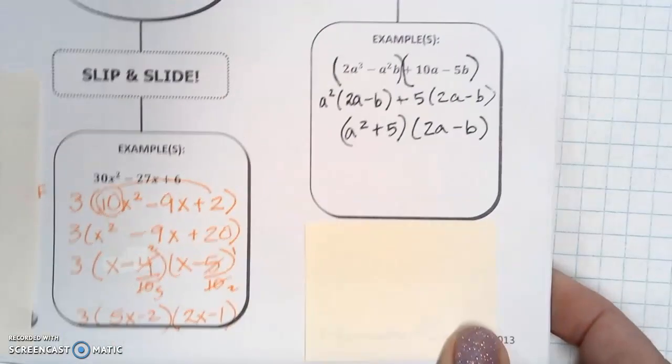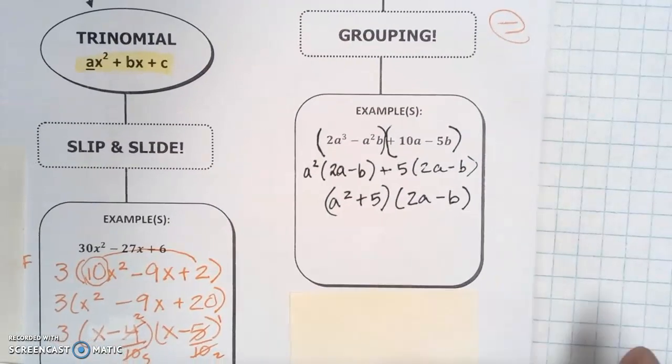Okay? The last factoring method you rarely see, but it's called factoring by grouping. And it works when you have 4 terms, which you won't see very often. Okay? So you're going to take the first 2 terms and group them together. And then you're going to take the second 2 terms and group them together.